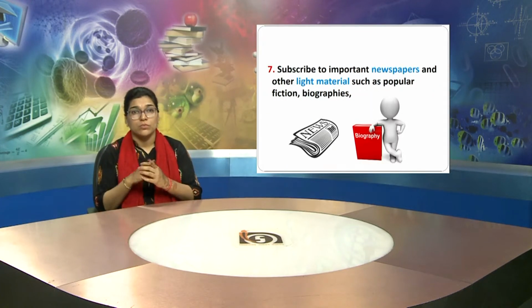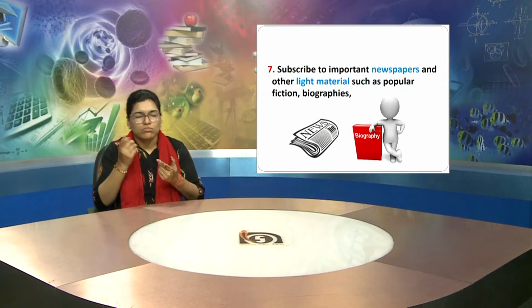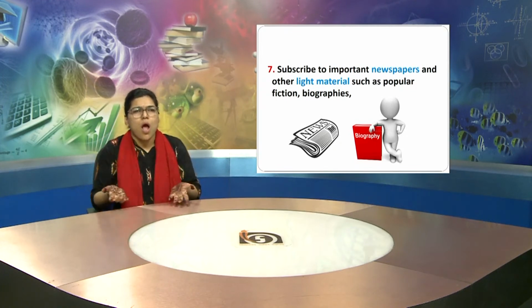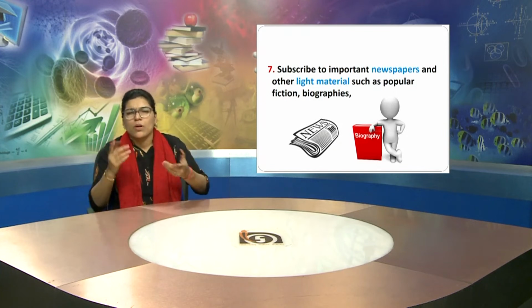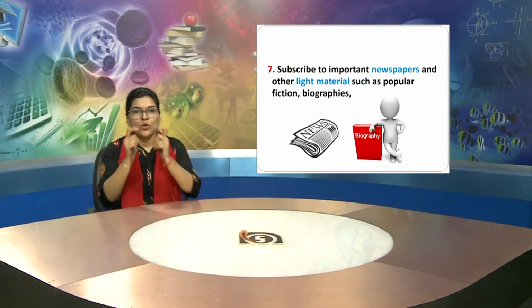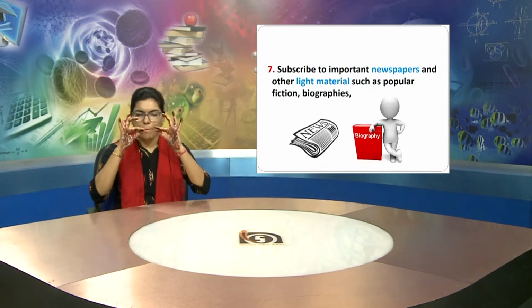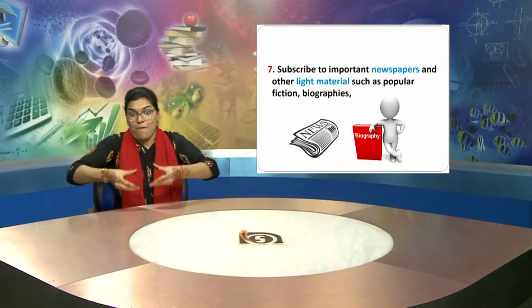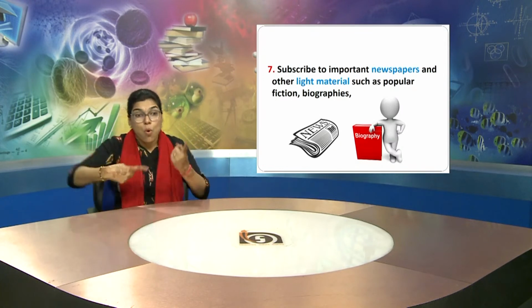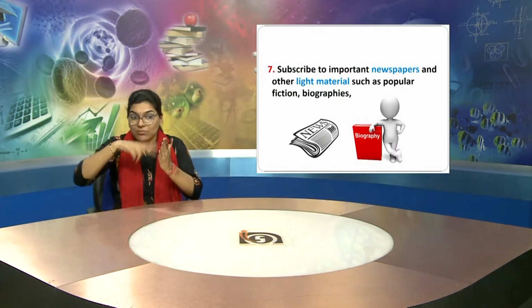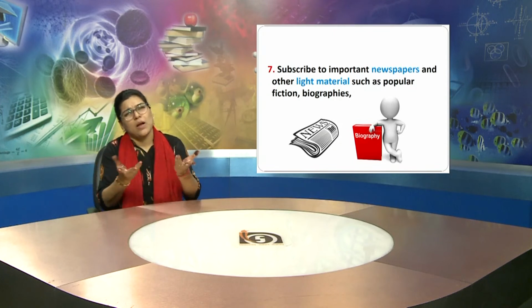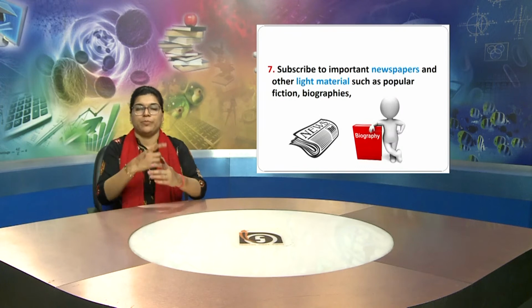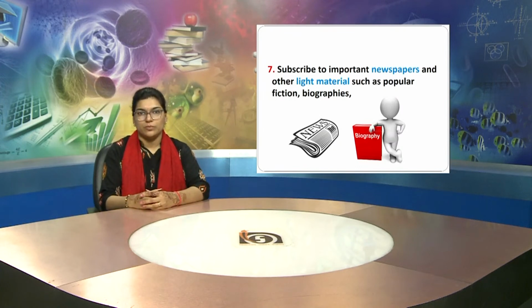The seventh objective explains the subscription to important newspapers and other light materials such as popular fiction, biographies. These are all light materials, not very heavy. So all these important informations are also kept in the library.